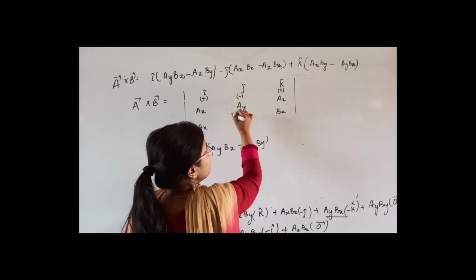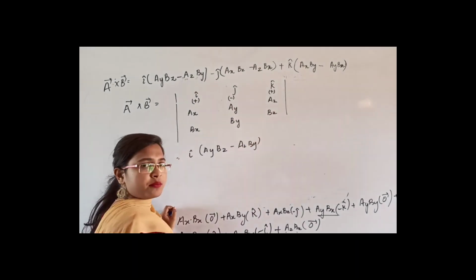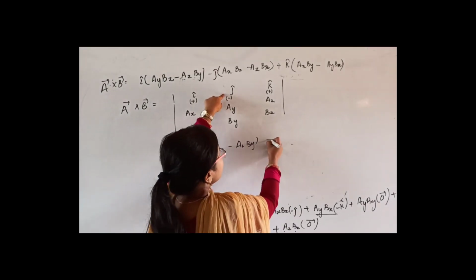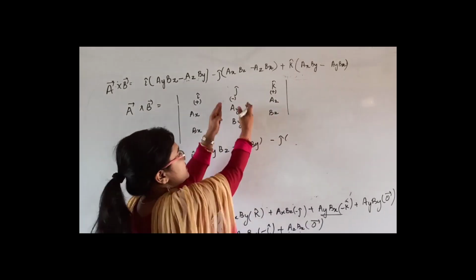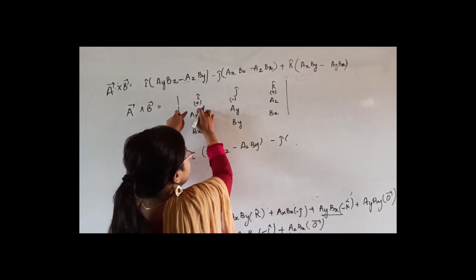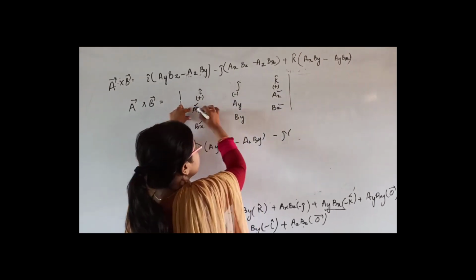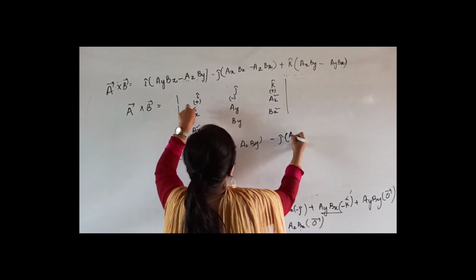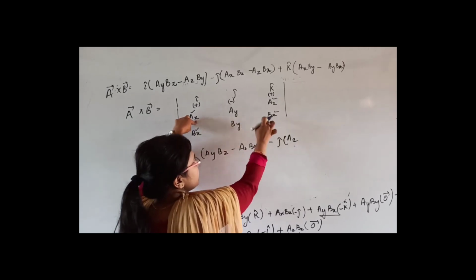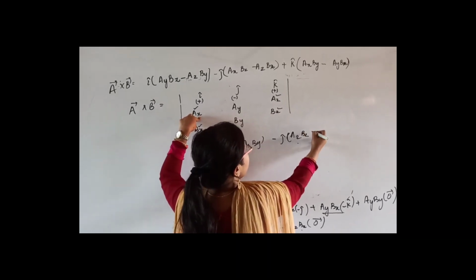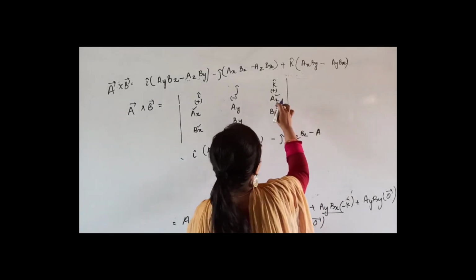Now just see the remaining 4 will be multiplied: ay bz minus az by. Again, for minus j, we are getting the same results. Neglecting this row and this column, we get the remaining 4: ax, az, bx, bz. So similarly, this can be written as ax into bz minus az bx. Don't take the middle column.